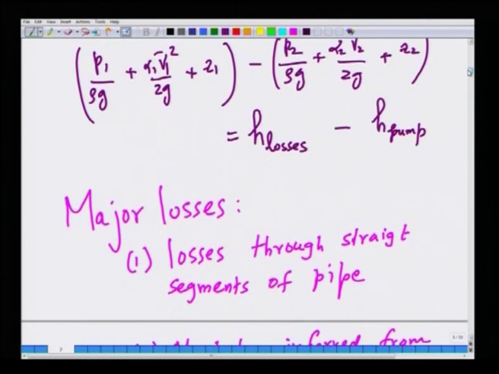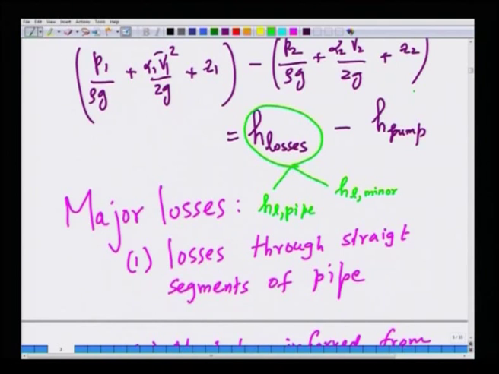So, let us again rewrite, let us split these losses into major losses, which I will denote as HL pipe, and minor losses, which I will just write as HL minor. It depends on the nature of the problem and the type of losses that occur in a given flow system.